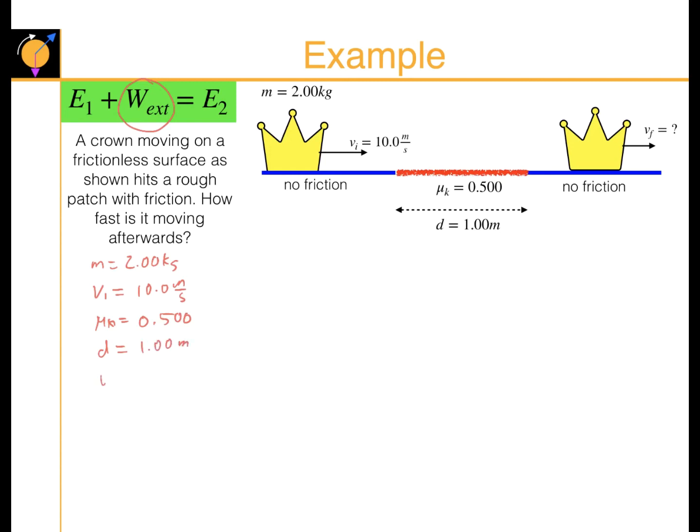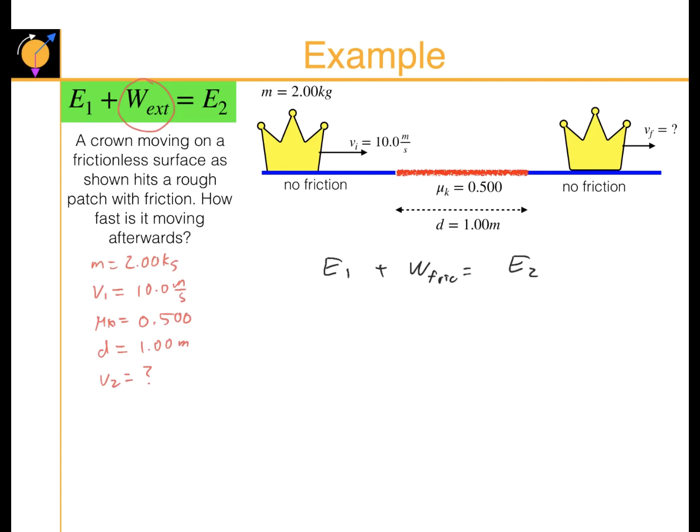And then what we want to find is at the end, what is V final, or V2? That's our unknown. And for this, we're going to use that E initial plus the work done due to the friction is equal to E final.